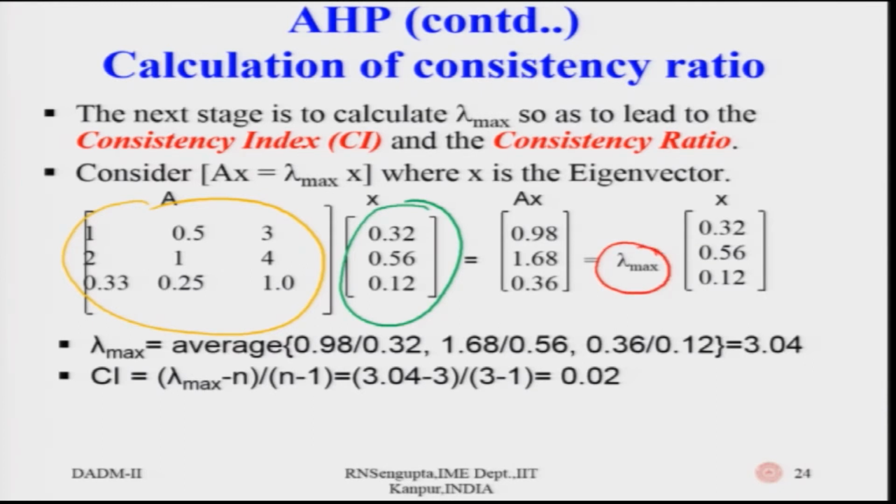So, the value of lambda max: we will try to find out the average. The average would come out to be the value, because the lambda max values which you are going to find out would be a vector. The vector values come out to be 0.98 by 0.32, 1.68, so these are the division of these terms.